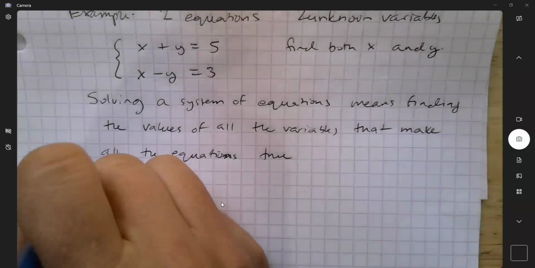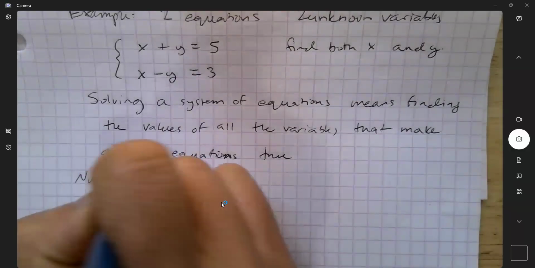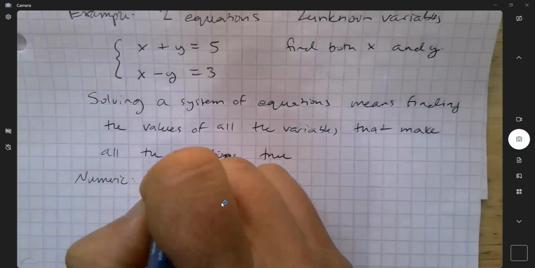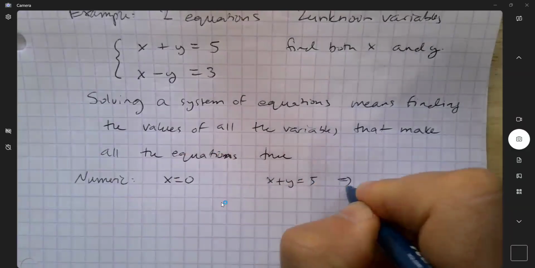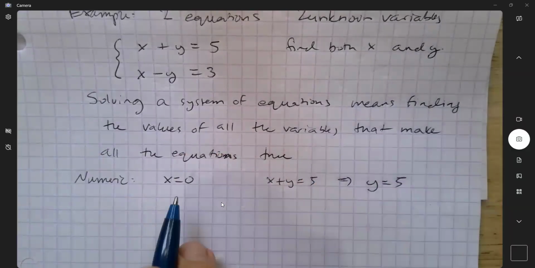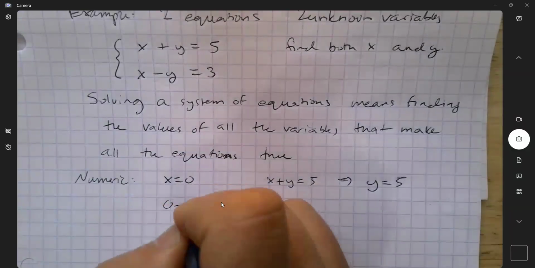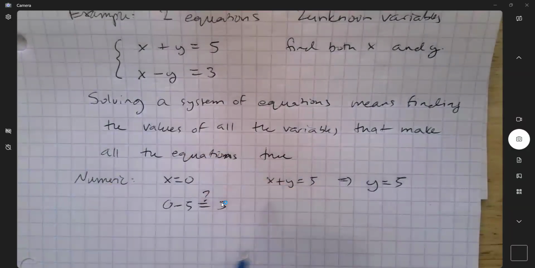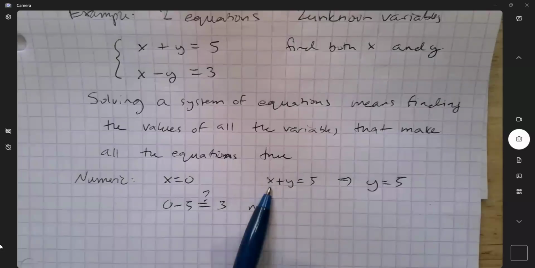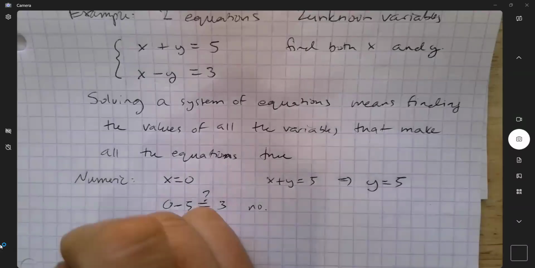So let's try a numeric approach. Let's let x equal 0. Well, then if x plus y equals 5, that must mean that y has to equal 5, because 0 plus 5 is 5. But that is not going to work in the second equation when I take x and subtract y, because 0 minus 5 is not equal to 3. So solving the system of equations means I need an x and y that make both of them true at the same time.